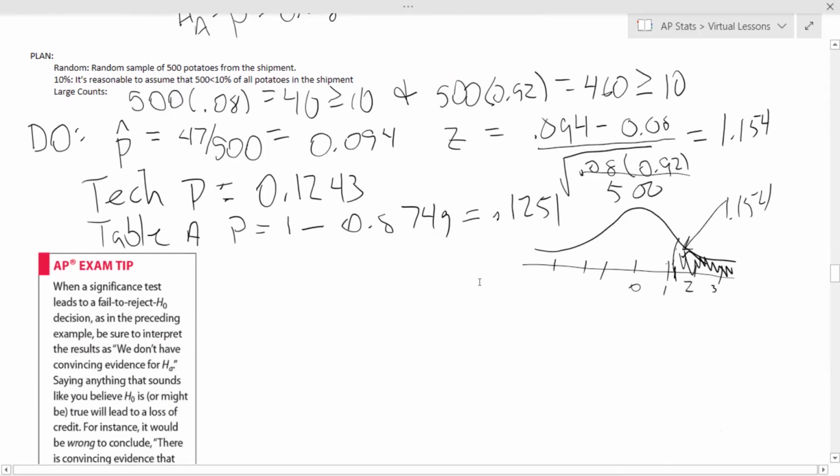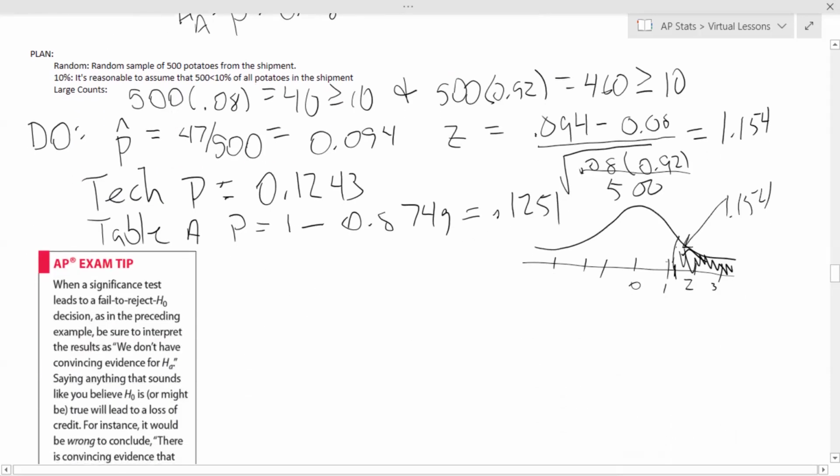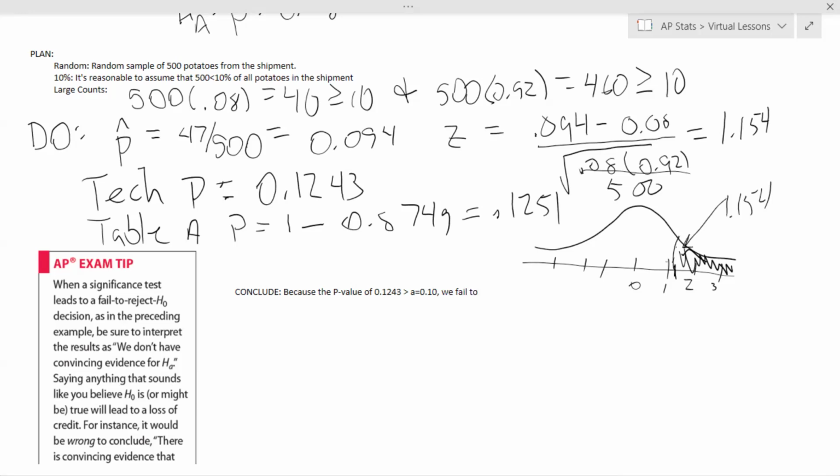Okay, and then finally, in the conclude step, you want to make a conclusion based on your p-value with respect to the significance level in context of the problem. So we would say because the p-value of 0.1243 is greater than alpha equals 0.10, we fail to reject the null.